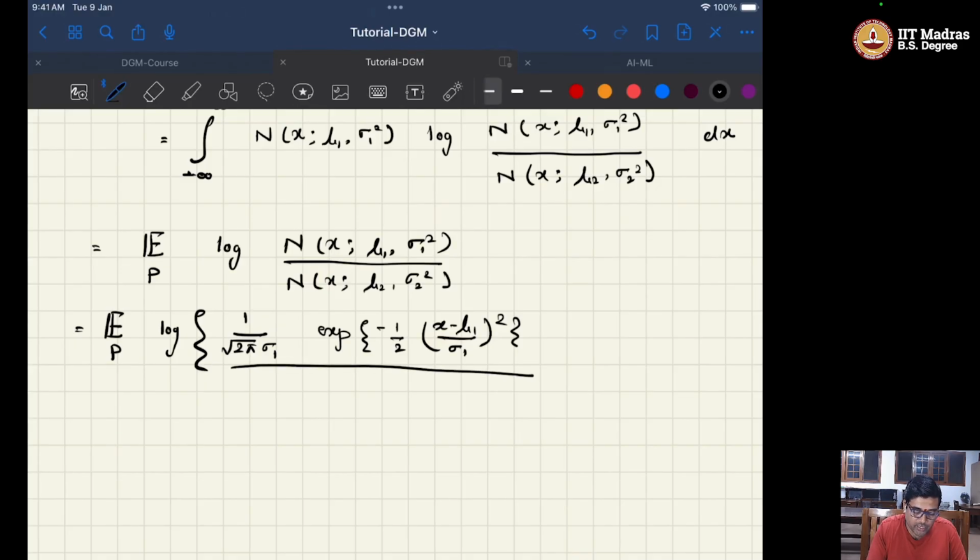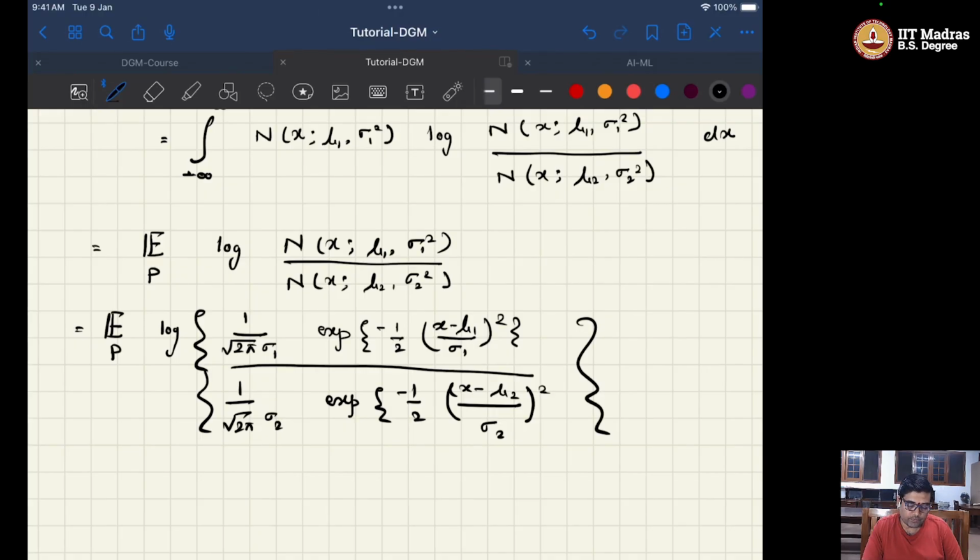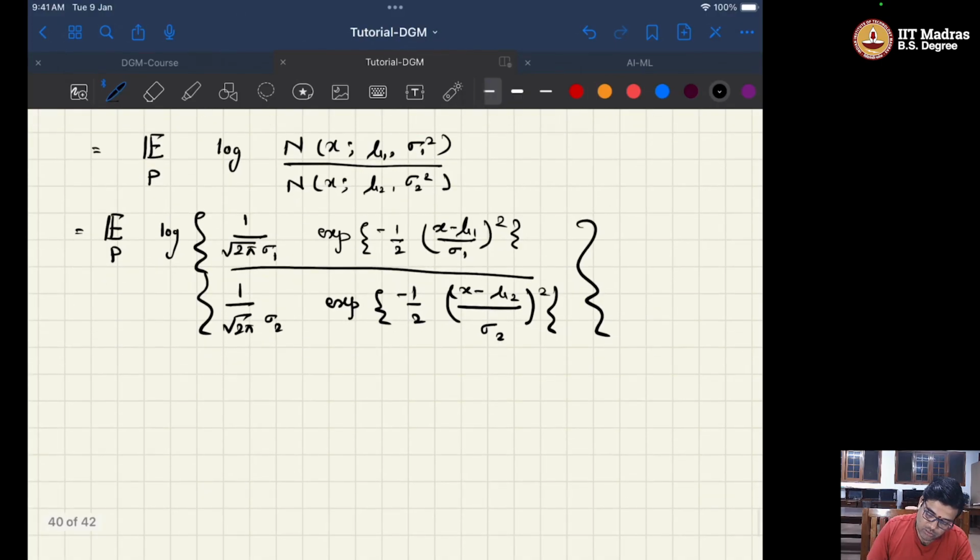Now divided by 1 over square root of 2 pi sigma 2, exp of minus half x minus mu2 divided by sigma 2, whole square. This is the full log, this whole thing. Log of this whole thing, numerator and denominator.